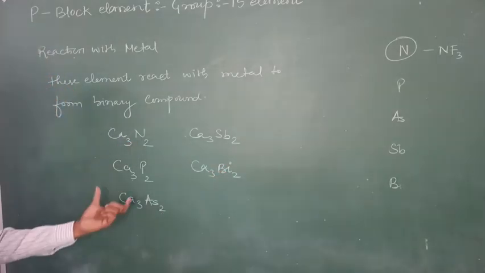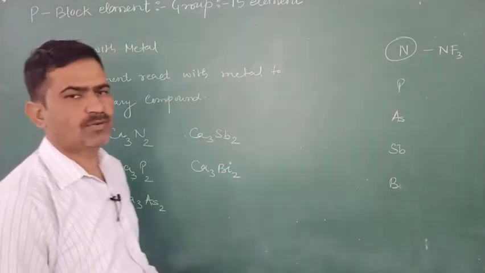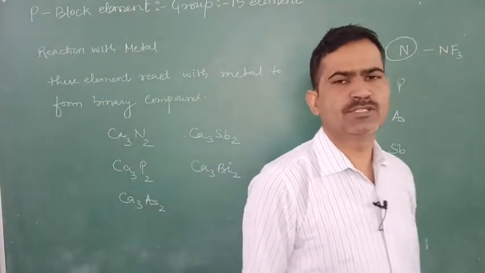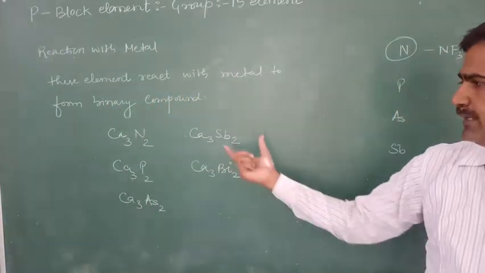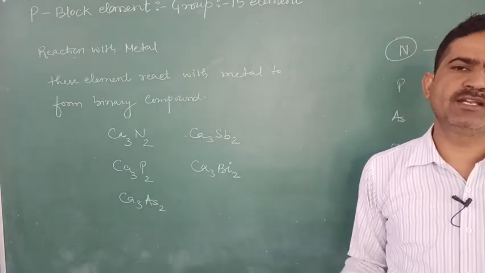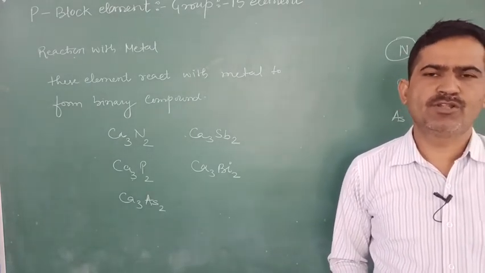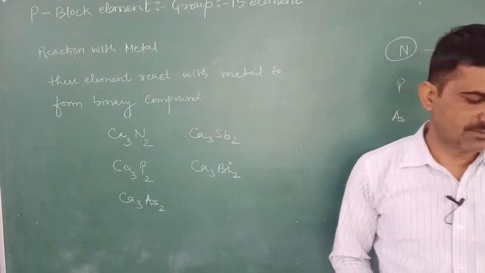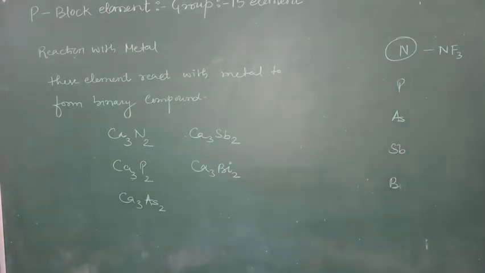These are the binary compounds of group 15 elements. These binary compounds are the major source of their elements, and are found in the form of minerals.